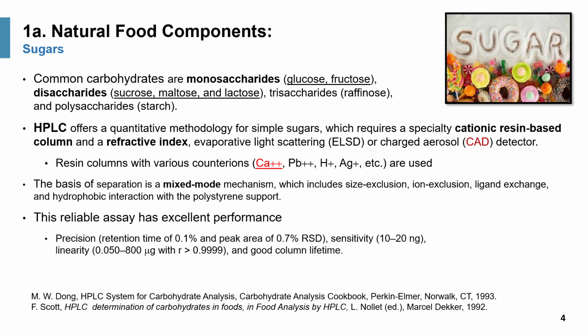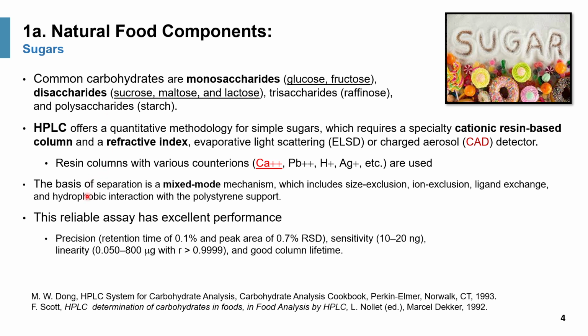A summary on natural food components focusing on sugar. Sugar obviously is a common carbohydrate. Most are monosaccharides such as glucose and fructose. Could be disaccharides such as sucrose, maltose, lactose, and polysaccharides in terms of starch.